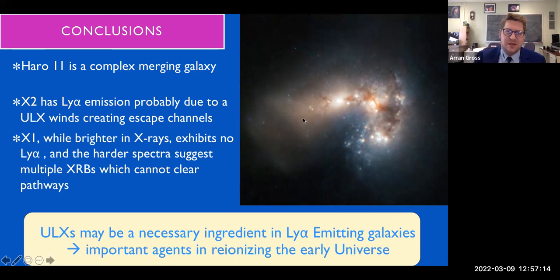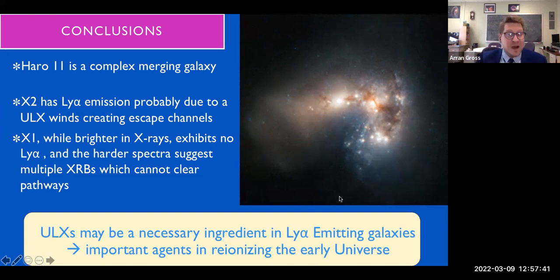Putting all this together, our conclusion is that the major difference between these two regions, and why the X2 region has Lyman alpha escape, the clear deciding factor is that it hosts an ultraluminous X-ray source. And it's that Eddington level accretion and that mechanical feedback from winds that are blowing out channels and allowing that Lyman alpha to escape.